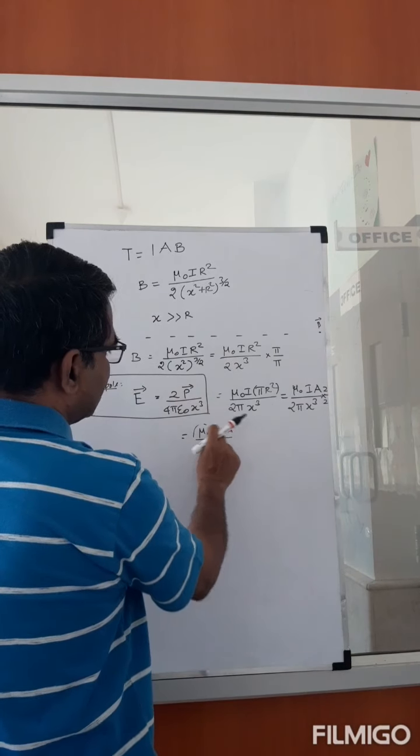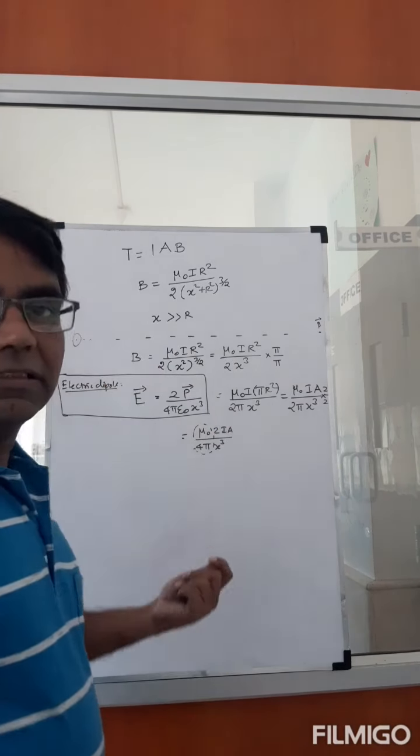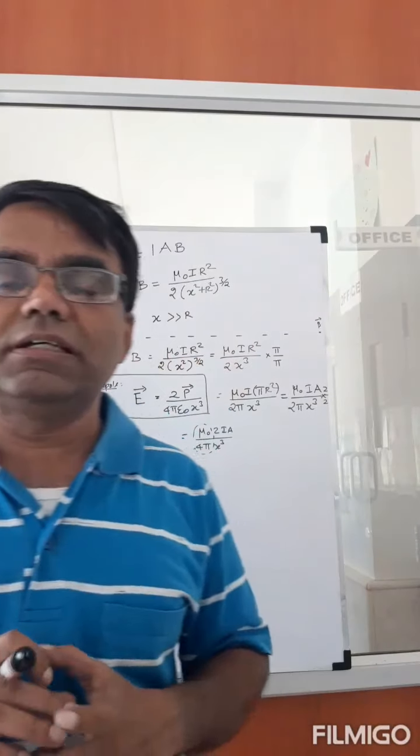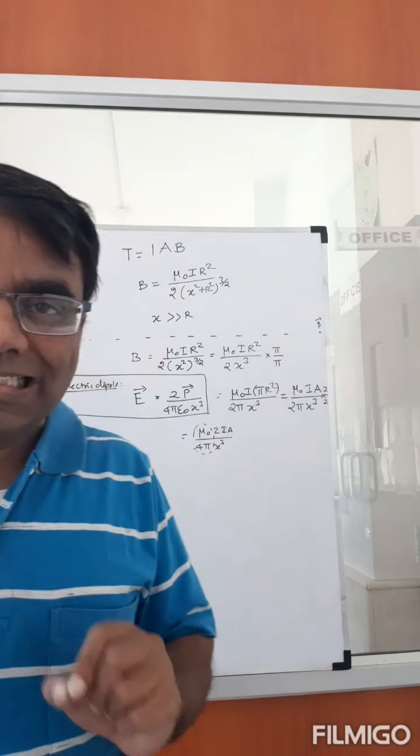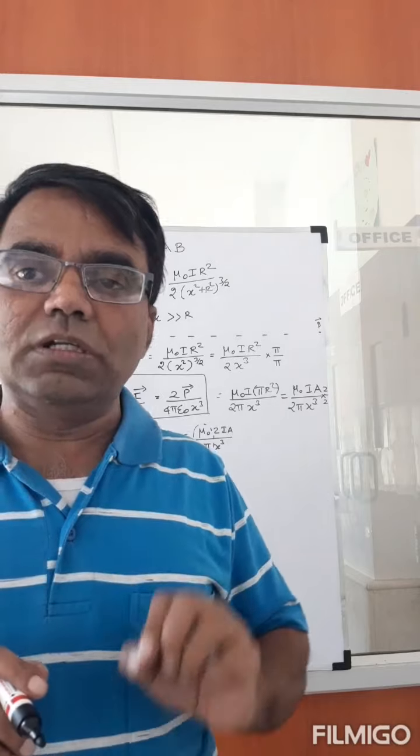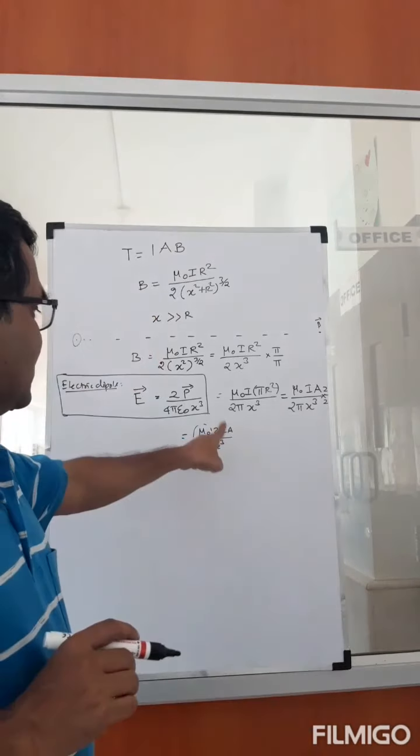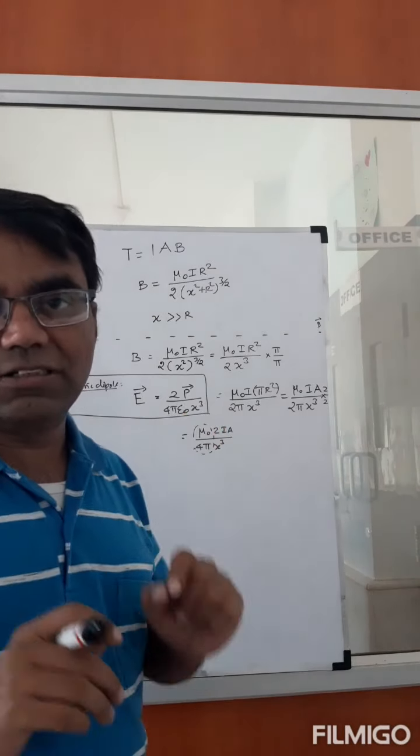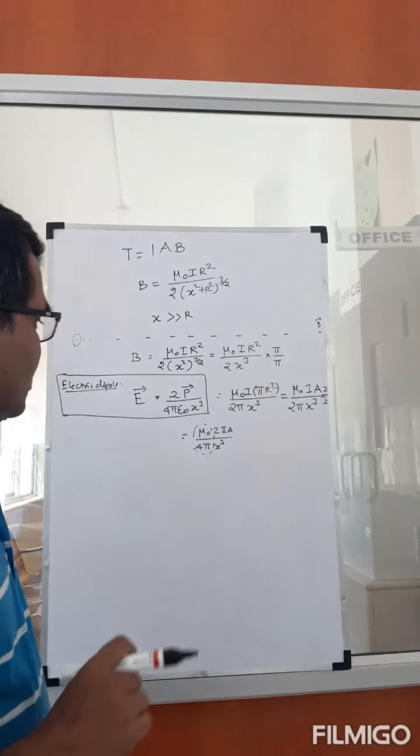So 2 is there, and IA can be called the magnetic dipole moment. It is similar to the electric dipole moment.